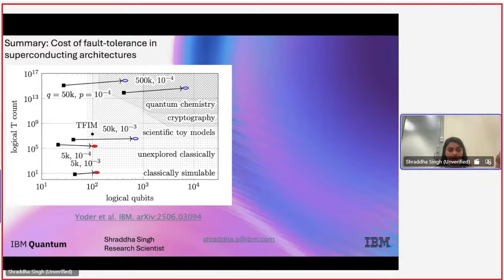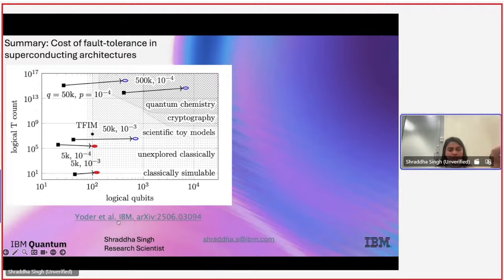For example, for quantum chemistry, you're around here. For cryptography, you're around here. For classically simulable results, you're around here. It just shows that essentially the number of qubits you are able to extract using LDPC codes is actually better.